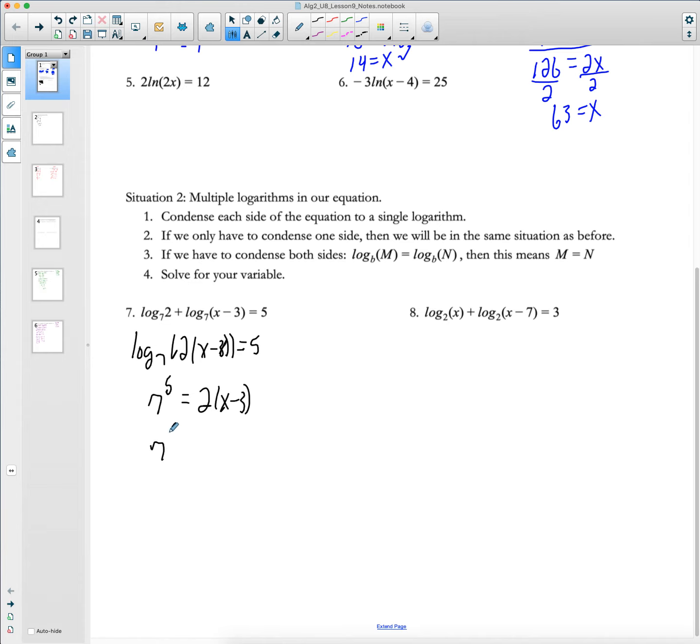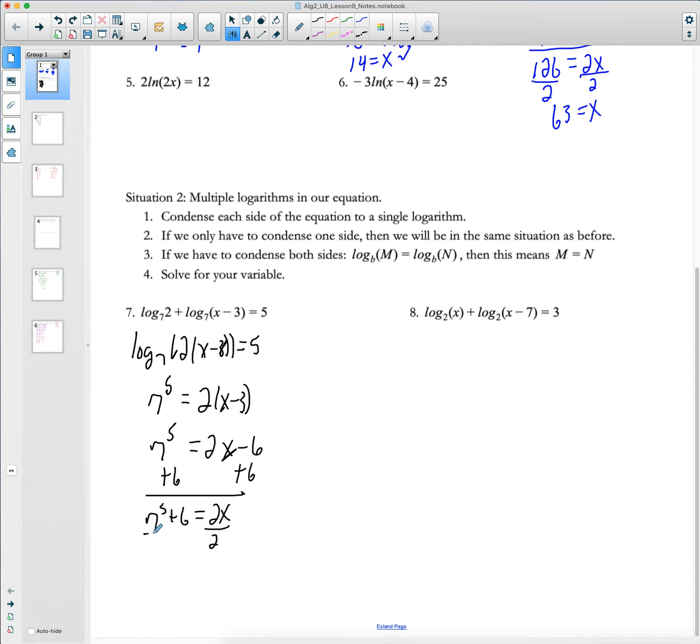So 7 to the 5th equals 2x minus 6. I'm going to add 6 to both sides. So I get 7 to the 5th plus 6 equals 2x. And now I can divide by 2.